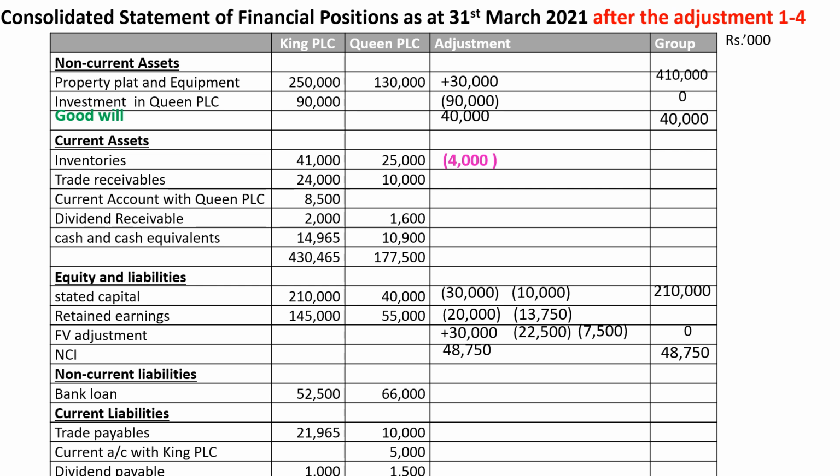Then, the inventory value will be 41,000 of King plus 25,000 of Queen, and we have to remove this 4,000. So, the inventory value would be 62,000. Now, from the retained earnings, other than the earlier adjustments, we have to remove this unrealized profit of 4,000. Then the ultimate retained earnings balance will be 167,250.